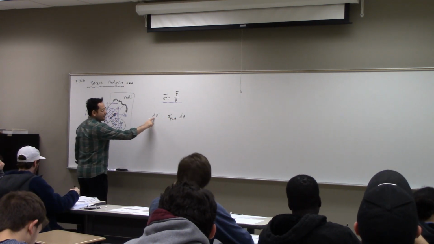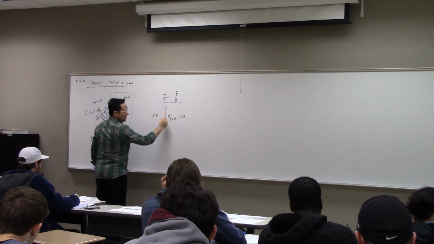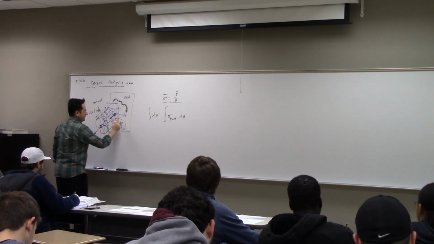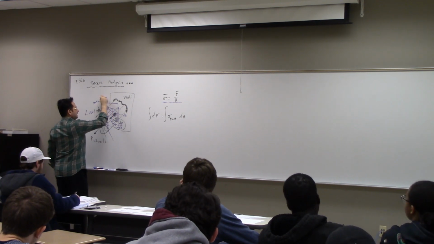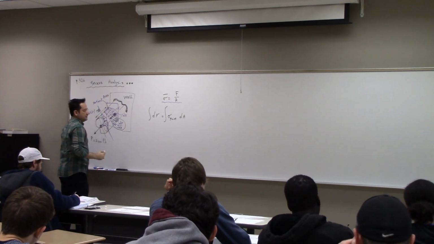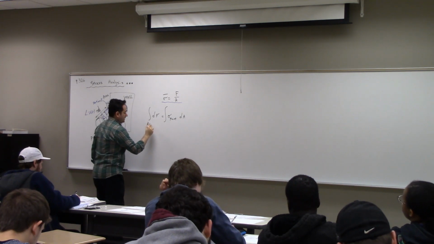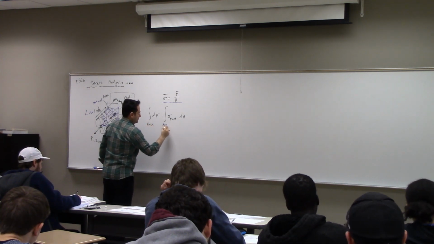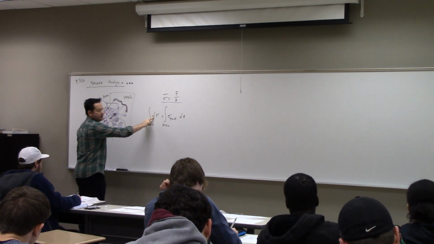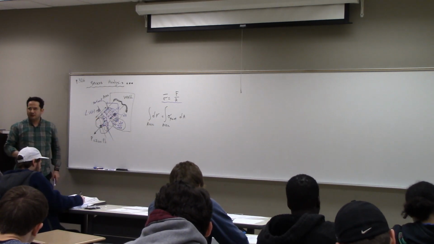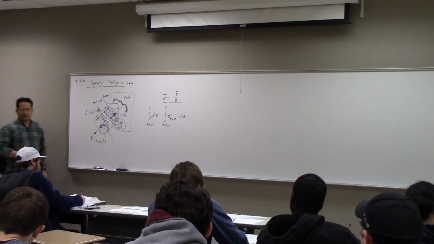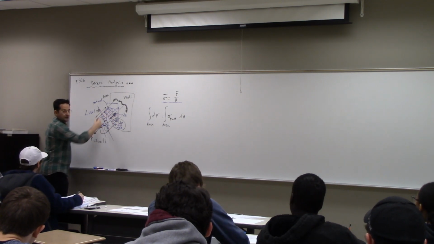Now, if I integrate both sides of this equation over this entire area. Now we go to calculus 2. Integrate over area. What do I get? Summation of all little forces. Infinitesimal forces. What is the summation of all these little forces here?